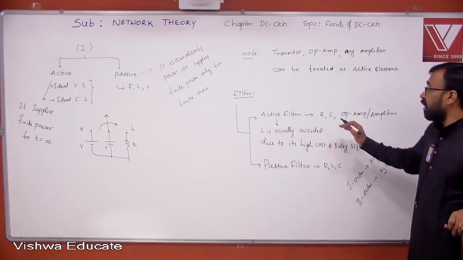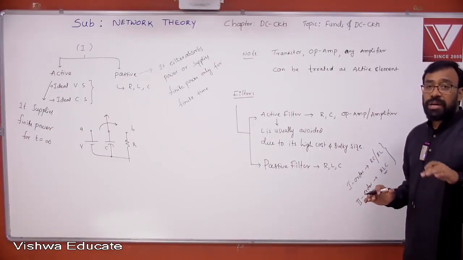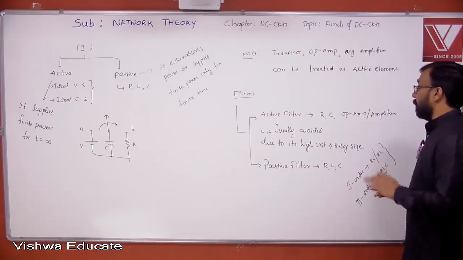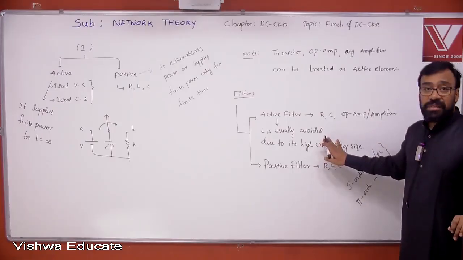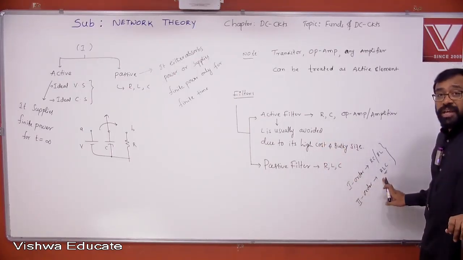But how do you achieve the higher order filters? Using R, C and op amp. We avoided here the inductor because it's bulky, and also high cost. But we are preferring inductor here only to achieve the higher order filters.